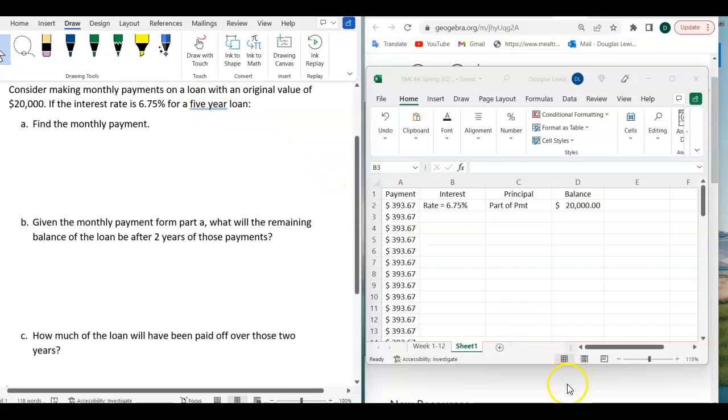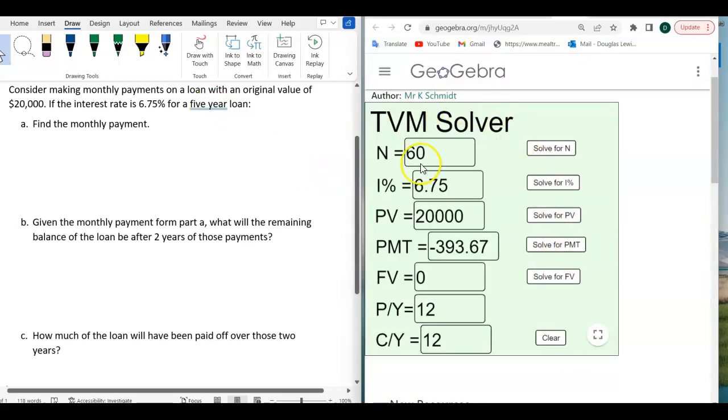So if you go to the TVM solver, that's 60 months, the interest rate is 6.75%, and it was a $20,000 loan. Your payments would be $393.67 to give a zero balance, a future value of zero. Again, these are monthly payments, that's why there are 12s here. So that's pretty simple using the TVM solver.